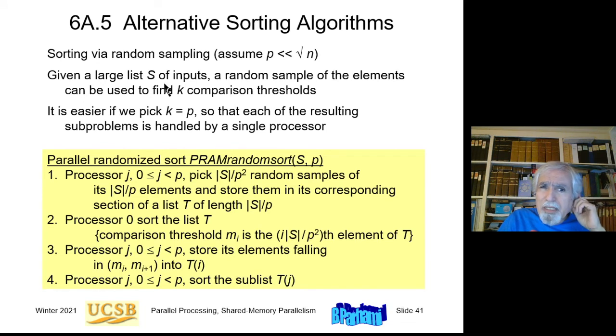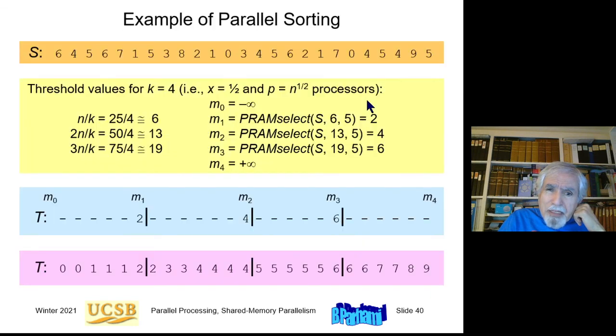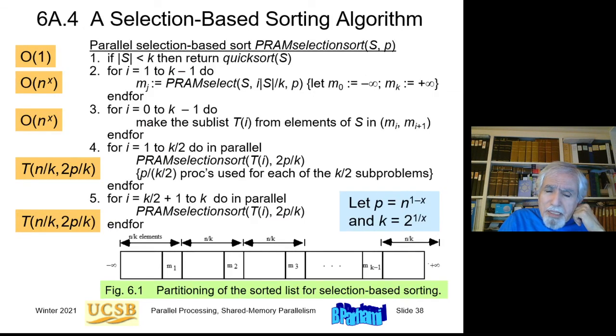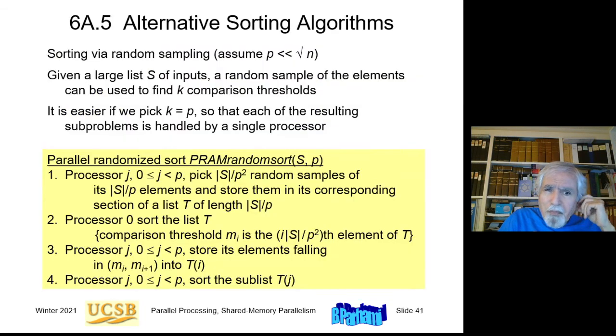Given a large list S of inputs, a random sample of the elements can be used to find the comparison thresholds. One reason the previous algorithm was complicated is that we insisted on finding elements that are equally spaced in the sorted list, and that led to using selection algorithms and doing a lot of work. Okay, so this algorithm proceeds like this, which I explained.